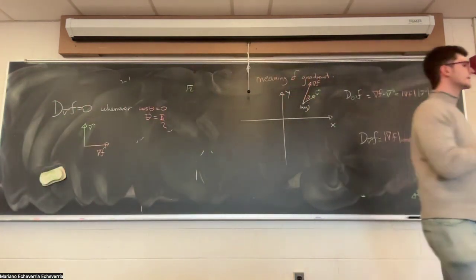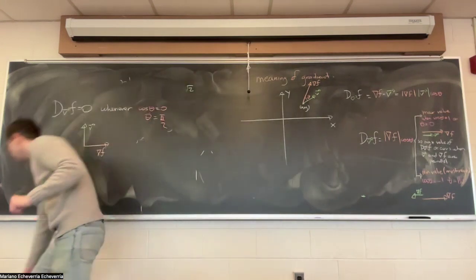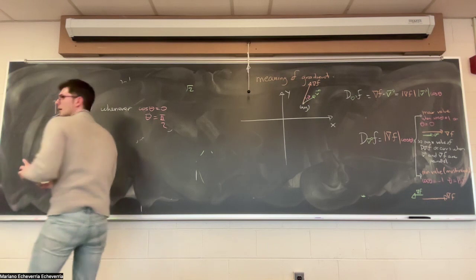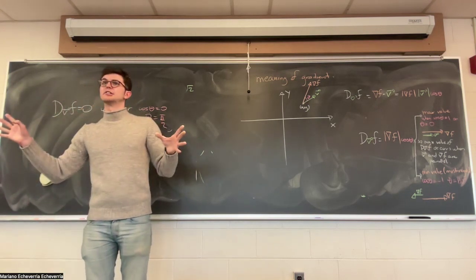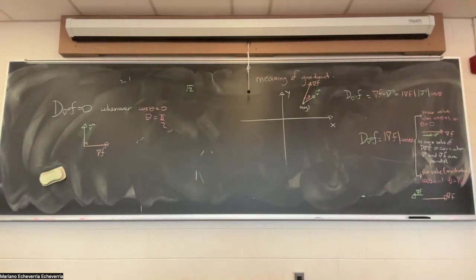So what's happening is that if you choose the direction to be perpendicular to the gradient, the value of the function freezes. If you move in the direction perpendicular to the gradient, there's no rate of change.